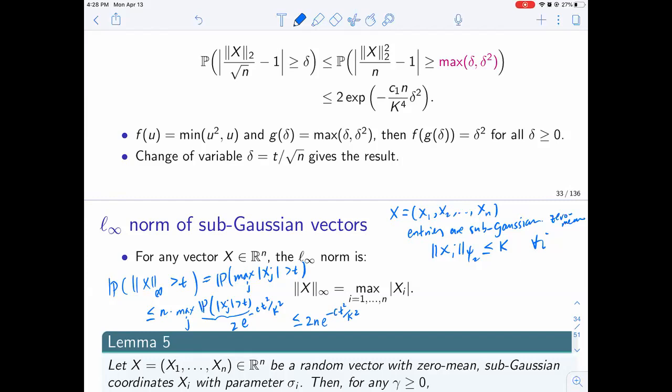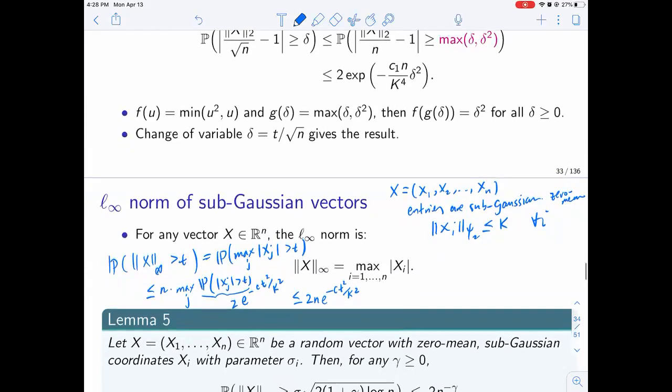Okay. Let's say I want some statement which holds with probability 1 minus delta, or 1 minus epsilon, or 1 minus, I don't know, gamma.